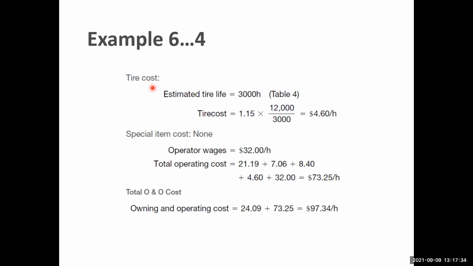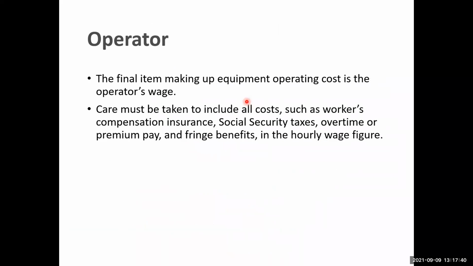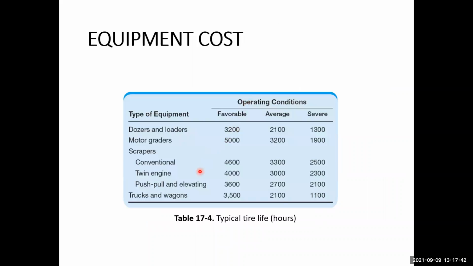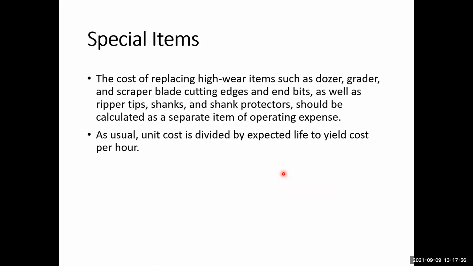And finally, the tire cost. The estimated tire life will be 3,000 hours. So we can see it from table number 4. Table number 4, the tire life will be 3,000 hours. So for scraper, we have this scraper, and it is a twin engine scraper. It has been said before. So it will be 3,000 hours.